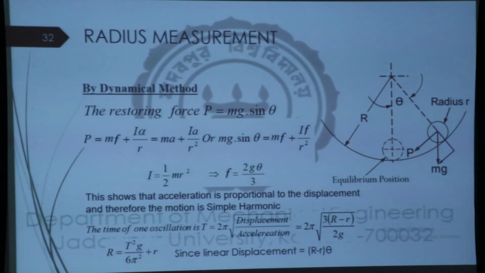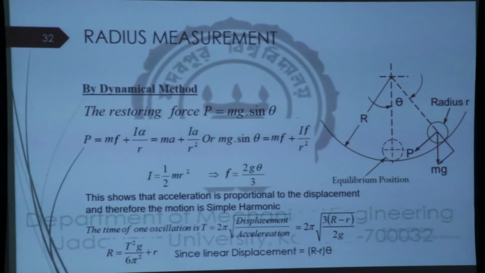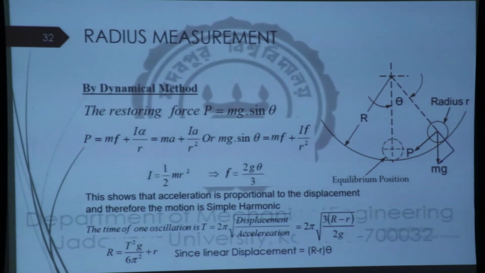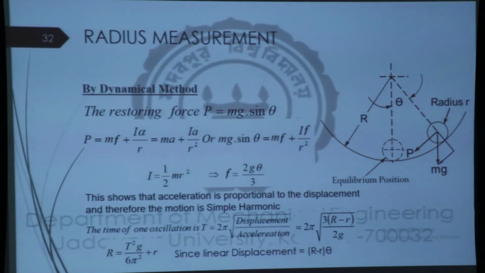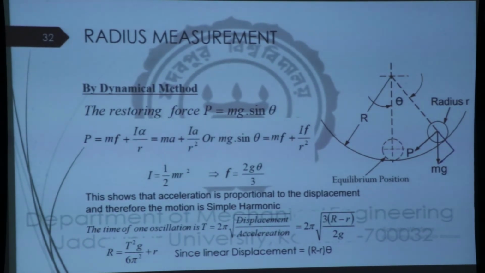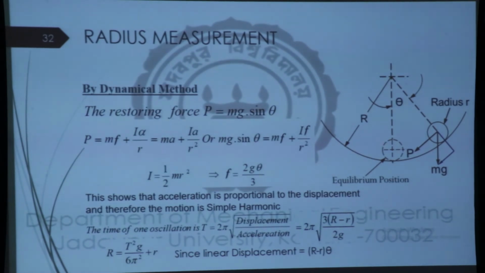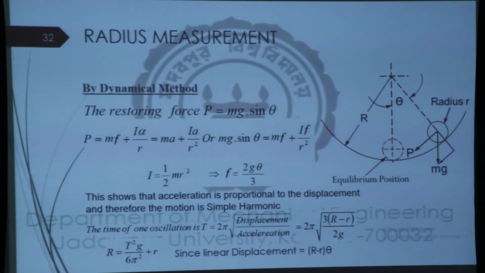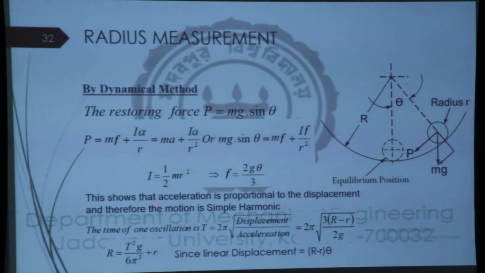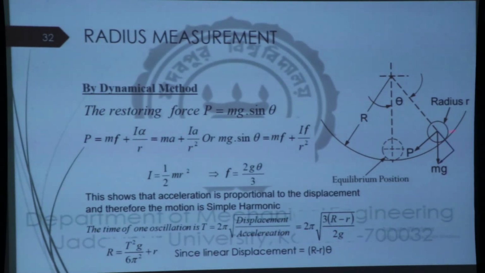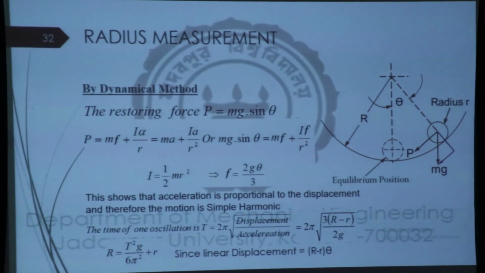Another very interesting method is available: you can even go for the dynamical method of finding the radius. Supposing it is a bit larger concave surface, this roller is coming down gradually.